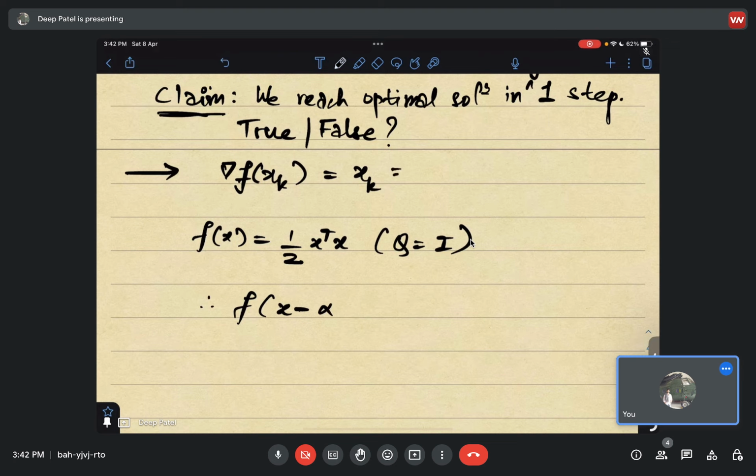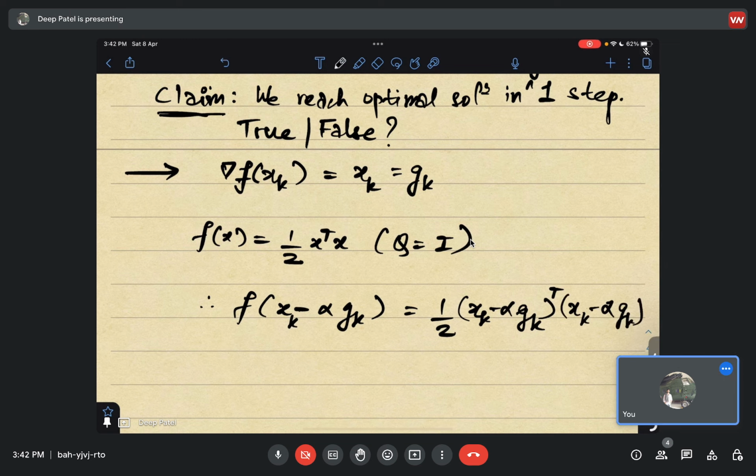Let me call this gk just for simplicity. f of xk minus alpha gk. What will this be? Half of (xk minus alpha gk) transpose (xk minus alpha gk). So what will this be?